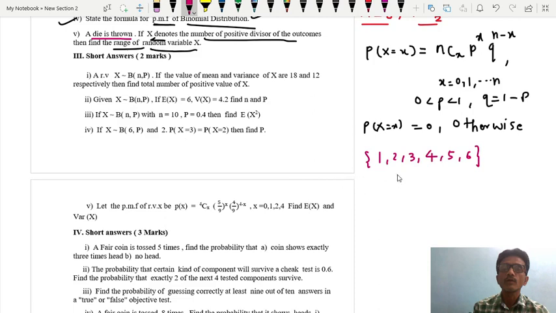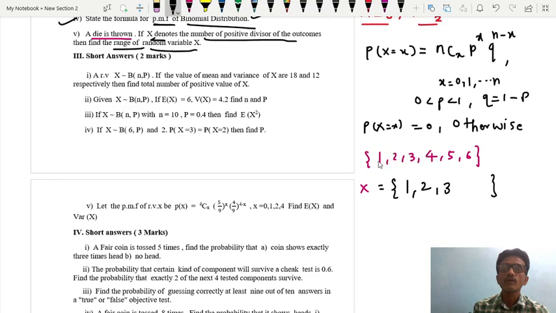Now what are the positive divisors of these outcomes? 1 has only one divisor. 2 has divisors 1 and 2.